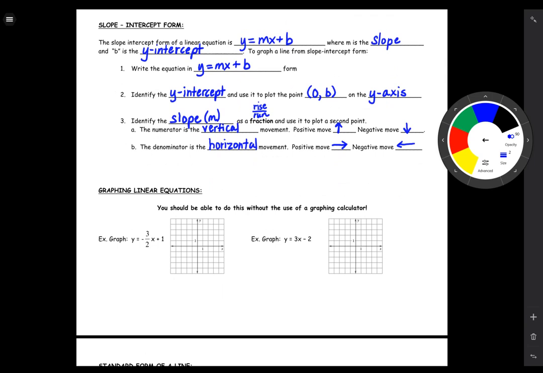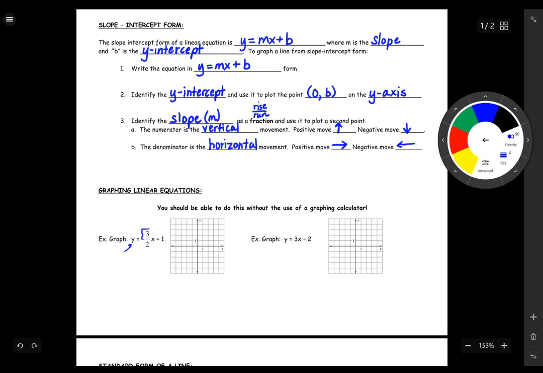We are going to do 2 examples. Now, you should be able to do this without the use of a graphing calculator. So let's do what we need to do. This equation is already in y equals mx plus b form because y is on the left side. The value, the fraction, or the coefficient in front of x is -3/2.